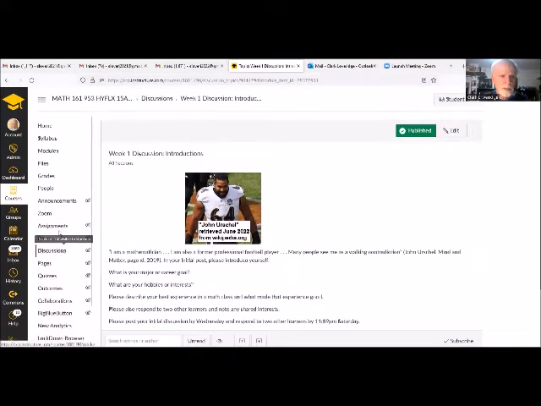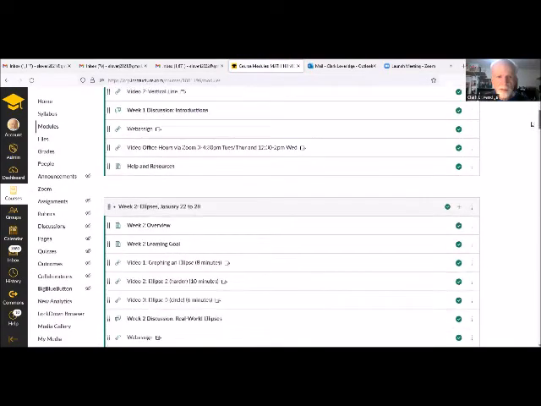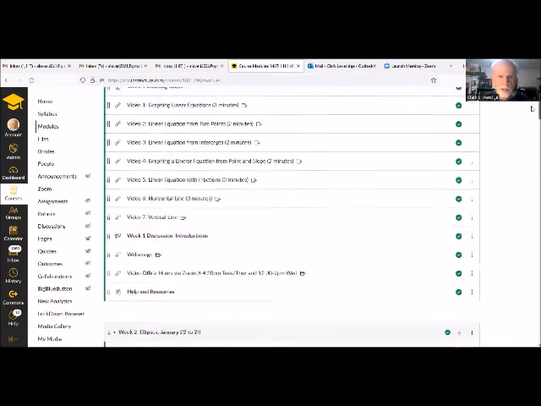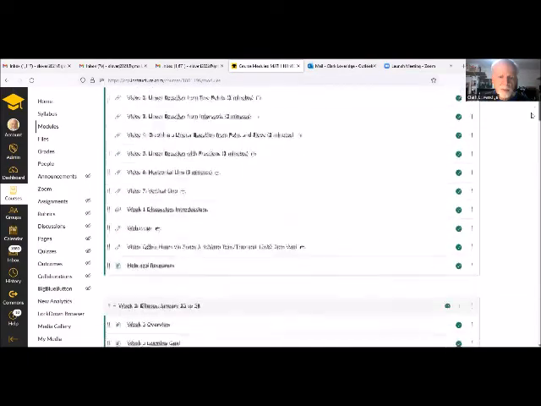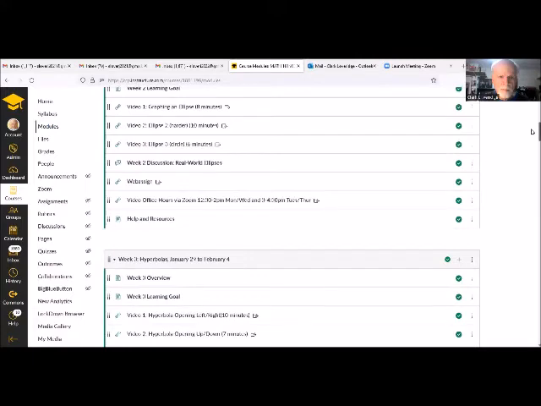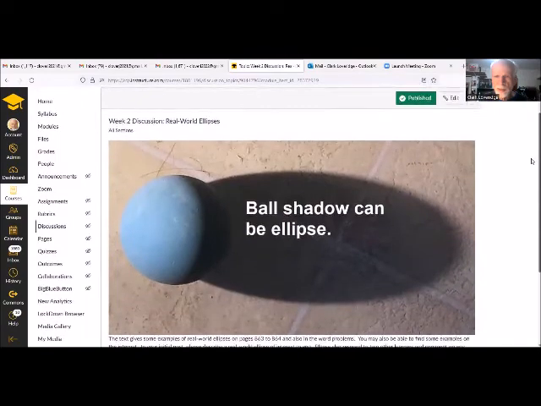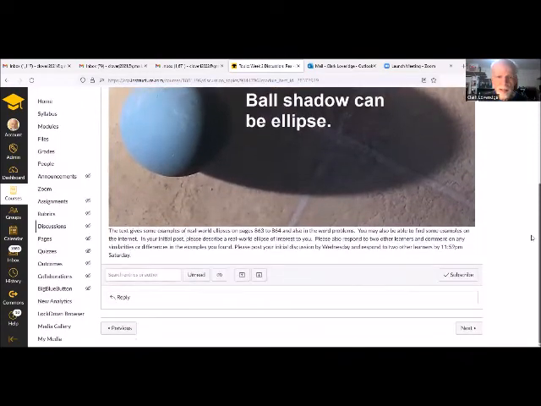Okay, so let's go back to the modules again. There's homework each week also on WebAssign. The week 2 discussion is on real world ellipses. So I put an example here of a real world ellipse, the shadow of a ball.